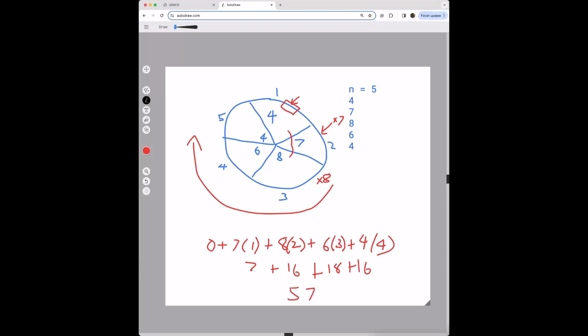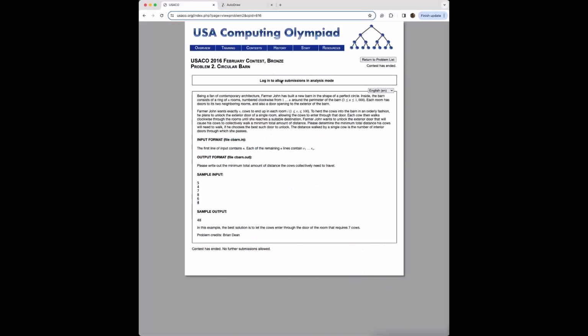So what we basically did here is simulate what would happen if we use the first barn's exterior door and then move the cows clockwise. If we take a look at the input, the constraints are very small. N is 1000 and the number of cows needed per room is 100.